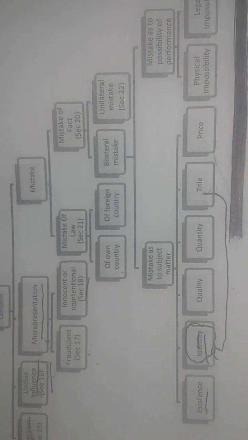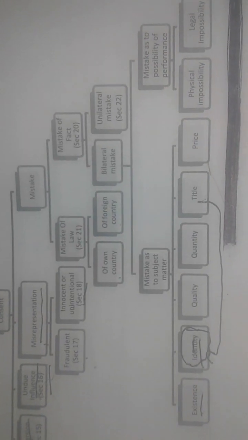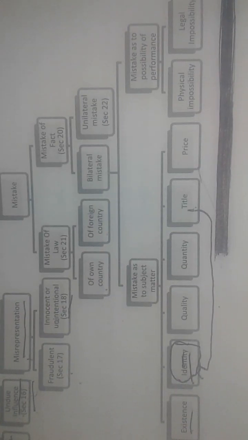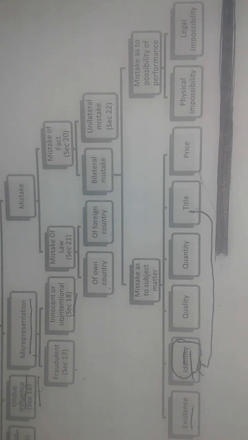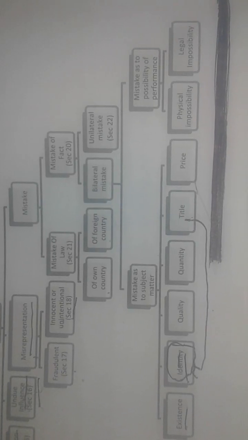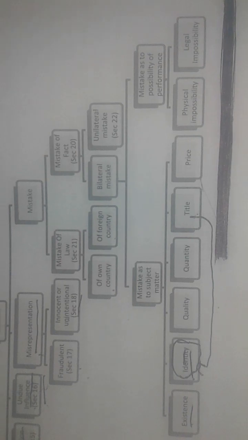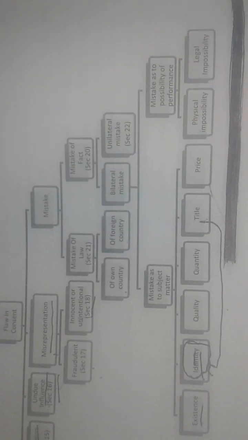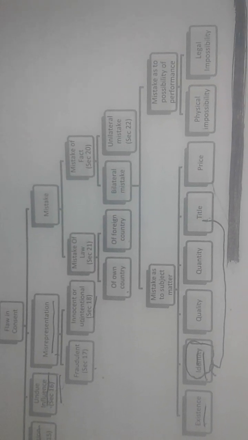Now price mistake is very important. While we enter any contract or agreement, we shall focus on the price part. Both parties shall willfully and very awarely get into price negotiation and sit at the contract negotiation table, right?